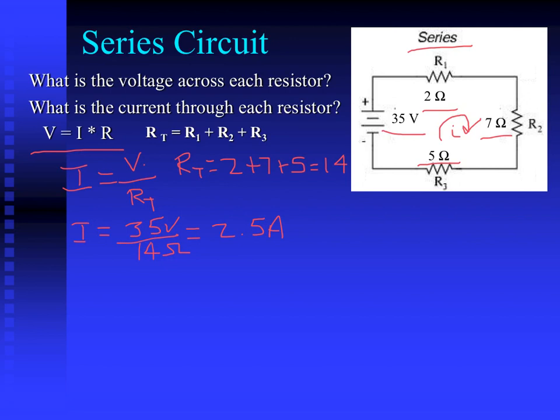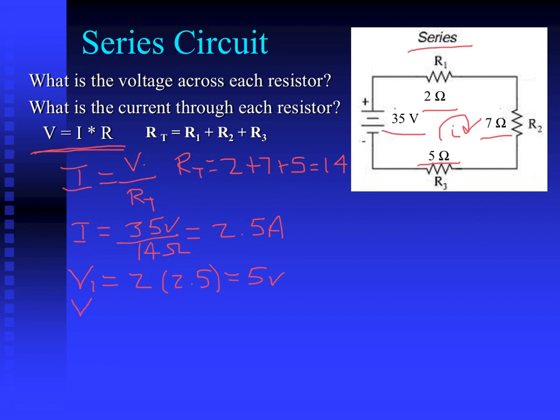Now we want to know the voltage across each resistor. From Ohm's law, voltage is current times resistance. Now we have the current and we know the resistance, so let's calculate the voltage across each resistor. The voltage across the first resistor, V1, will be the 2 ohm resistor times the 2.5 amps, which gives us 5 volts.